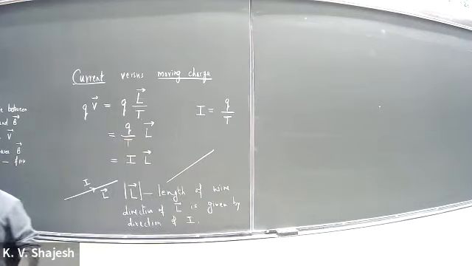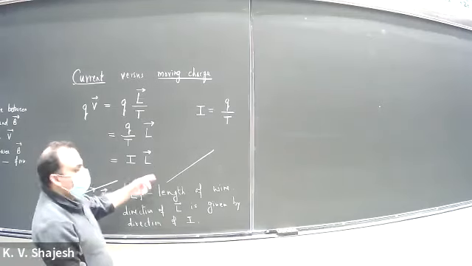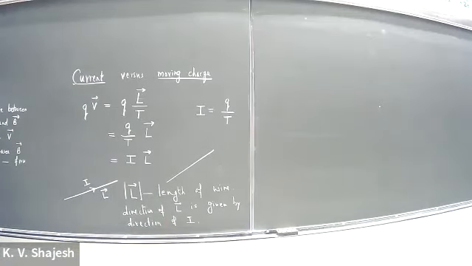That's only two possibilities. So again, L has a direction associated with it, which is given by the direction of the current, and the magnitude of L is the length of the wire itself.